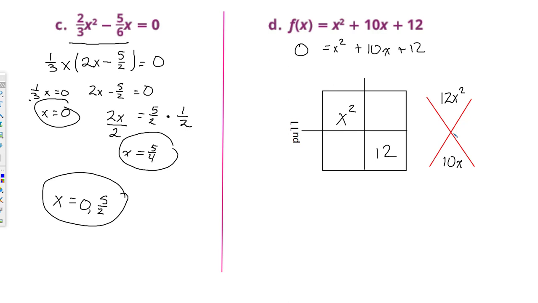What two things can multiply to give me 12 that will add to give me 10? 2 and 2. Oh, no. So we have 1 and 12. Is there any way that will add to give me 10? No. 2 times what? So 2 and 6.